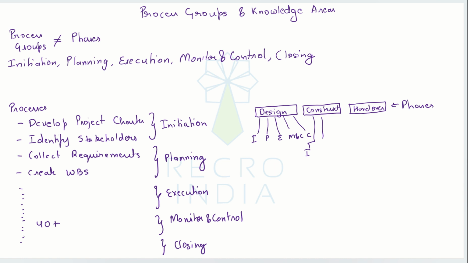So we will initiate the next phase, plan it, execute it, monitor and control, which is an ongoing thing, and then the same happens for every subsequent phase that we have. The point is that there will be processes related to all five process groups in each phase.